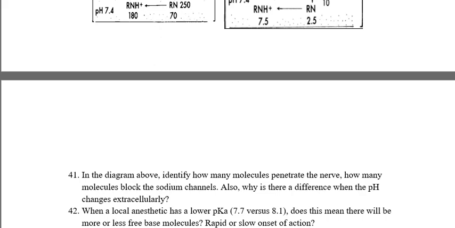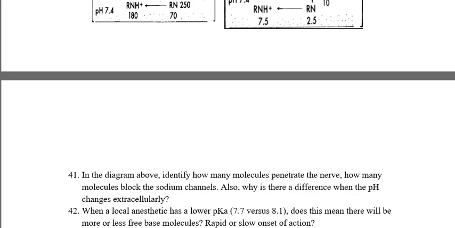So when the local anesthetic has a lower pKa, 7.7 versus 8.1, they all have different pKas, different anesthetics: mepivacaine, lidocaine, bupivacaine, prilocaine. The closer the pKa is to the physiologic pH, so our physiologic pH is about 7.3, the closer it is, it means more free base molecules are formed, which indicates a more rapid onset of action.